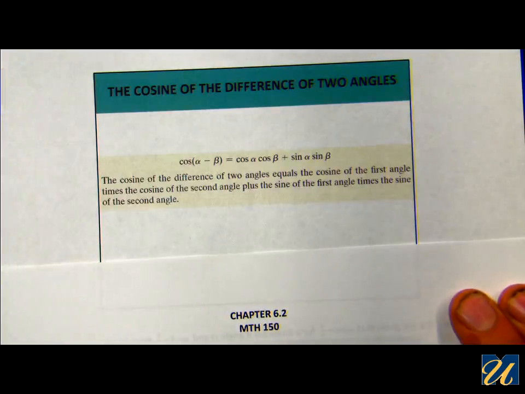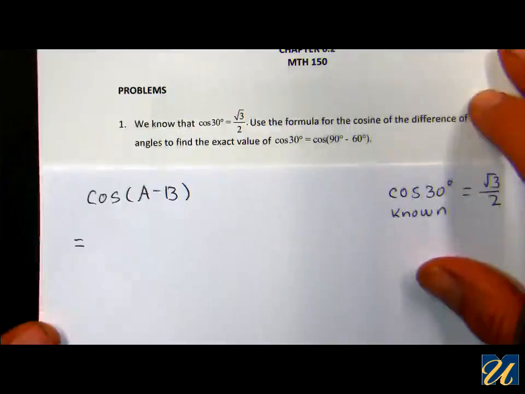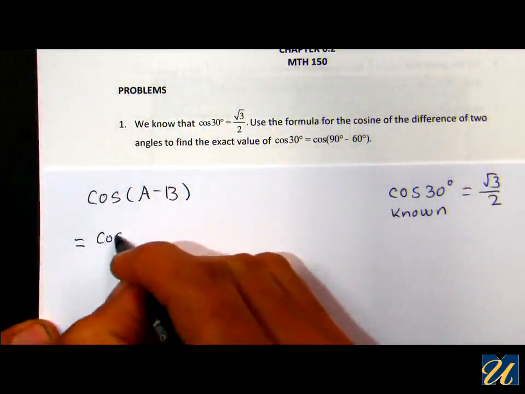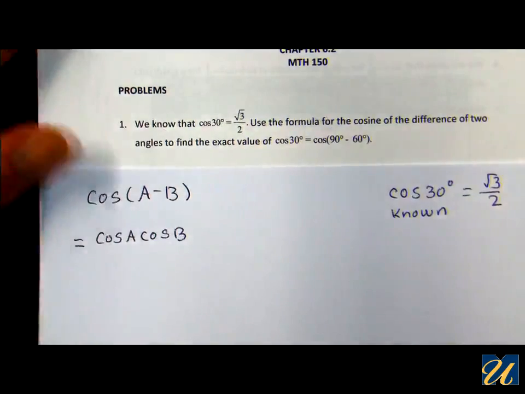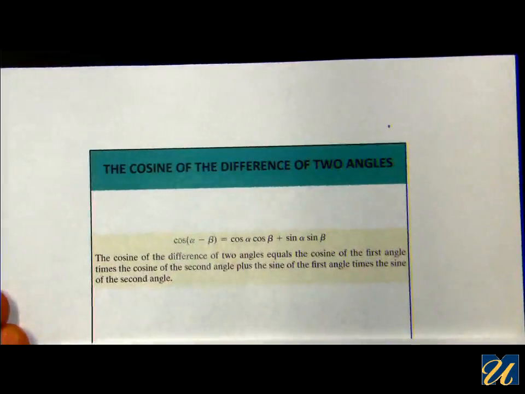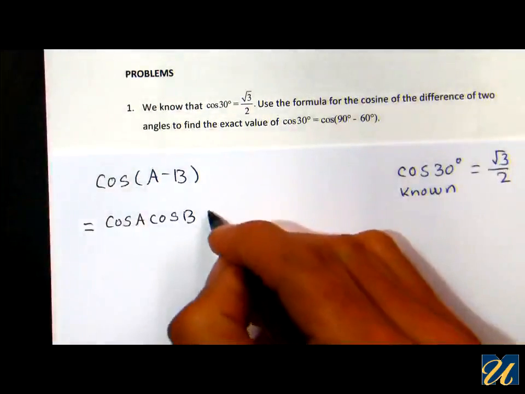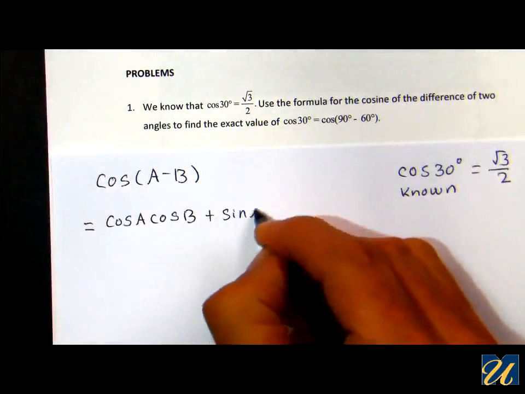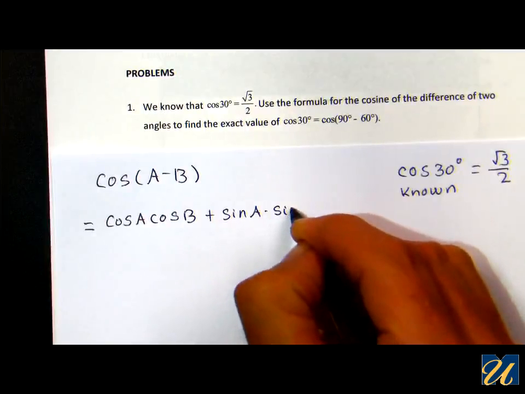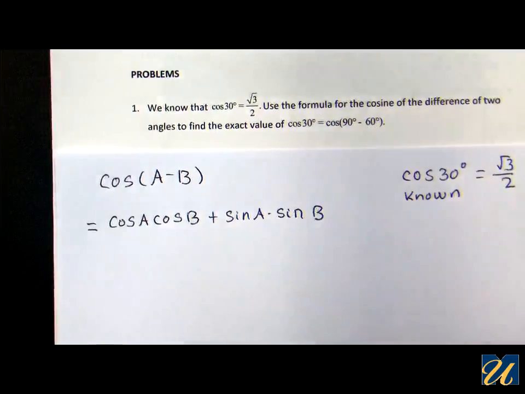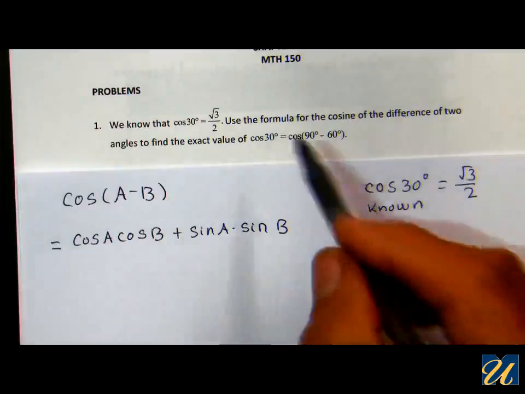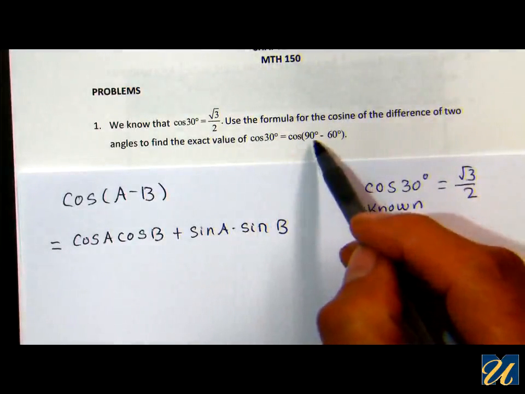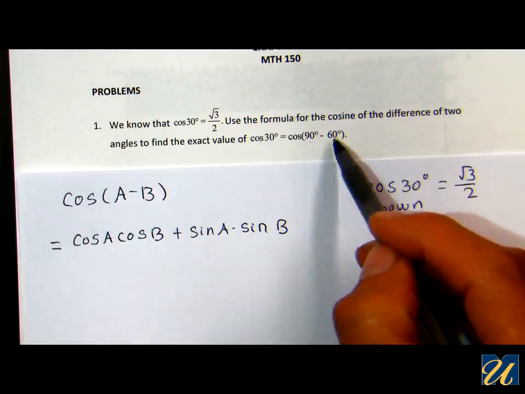Cosine of the first angle multiplied by cosine of the second angle. So that's cosine A multiplied by cosine B. And then our formula says plus sine of A times sine of B. We're also told in the problem that 30 degrees will be represented as the difference of these two known angles, 90 minus 60.